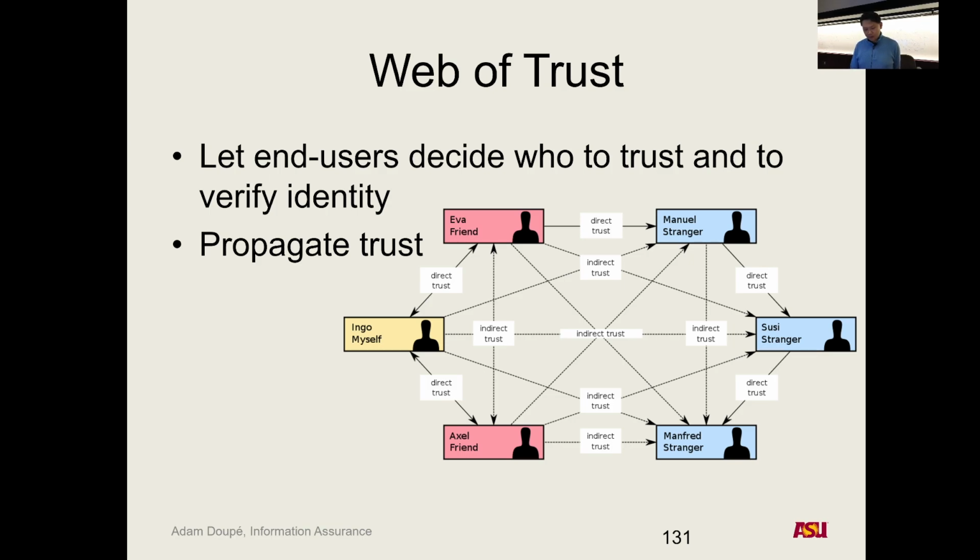Users can derive these trust relationships, and we can verify personally what we want. This provides some flexibility and more resilience.